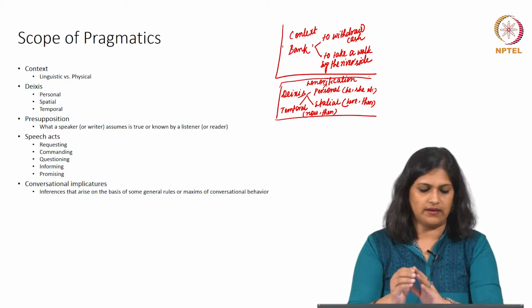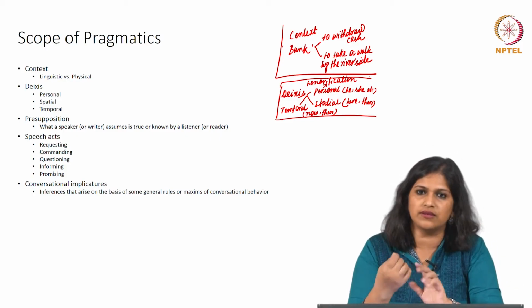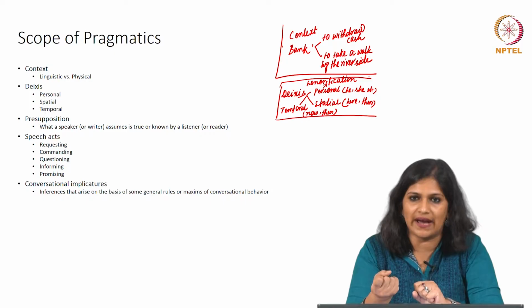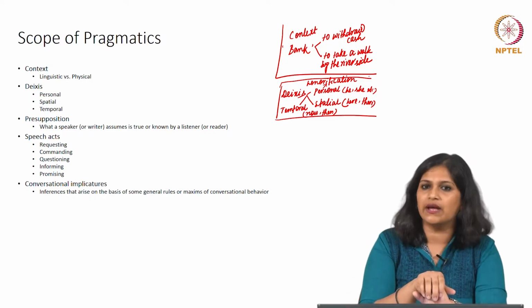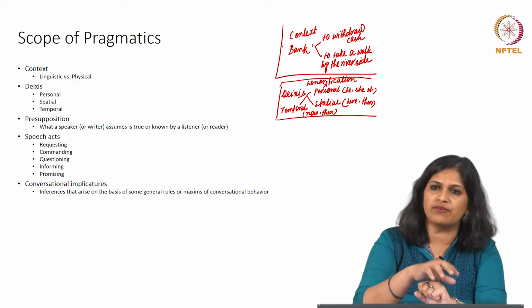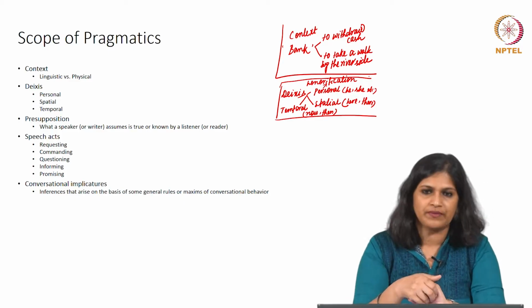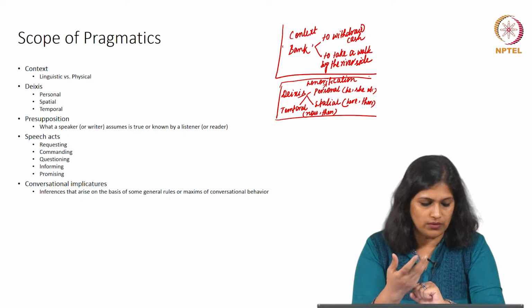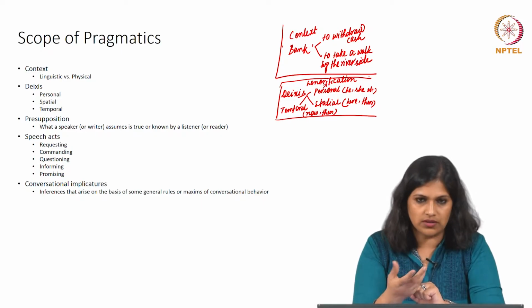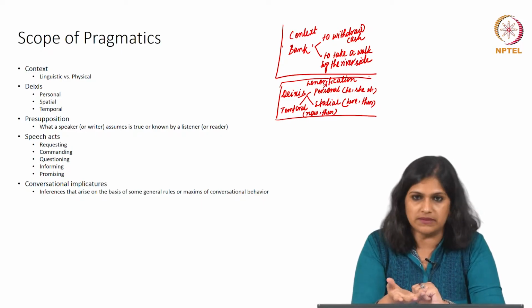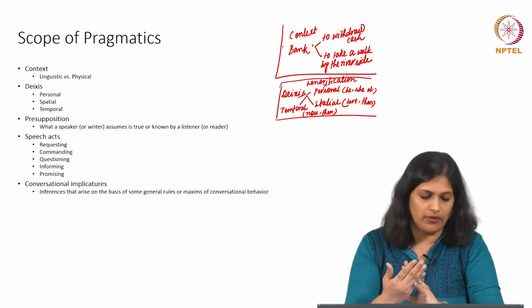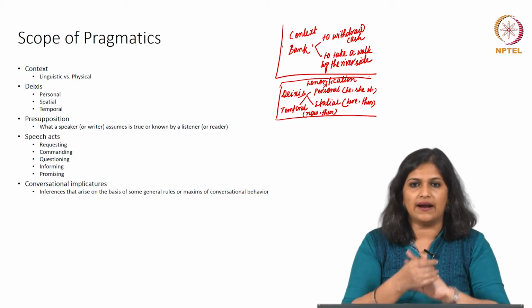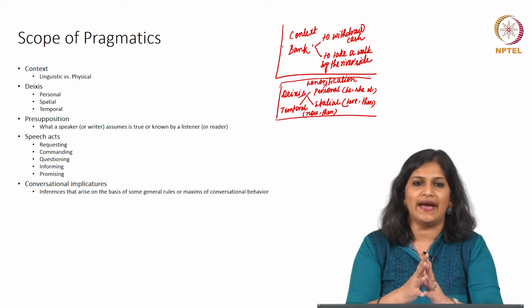When you actually perform a speech act, you are moving away from the statement, rather you are adding some extra pragmatic information to it. So, when you request, command, question, inform, and promise, requesting, commanding, questioning, informing, and promising are various kinds of speech acts.